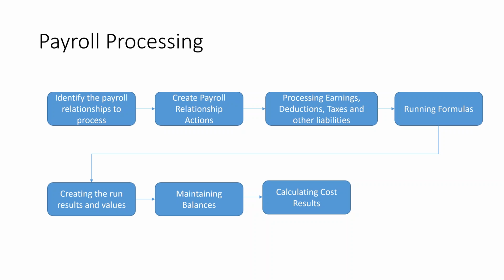Now, after it has created the payroll relationship, then it goes over to the elements. The payroll processes all the elements that are marked as process in payroll run. Also, if you have one element group that is added to your payroll process, then it will process only those particular elements. Now it processes the earnings, deductions, and the taxes and other liabilities.